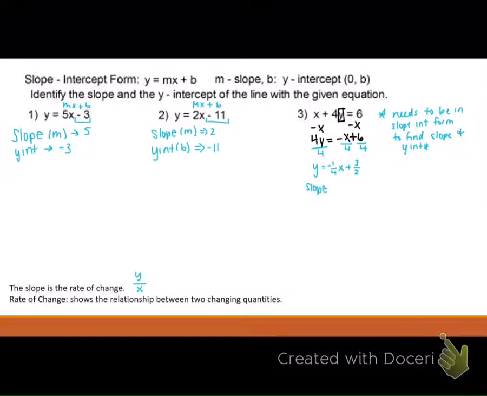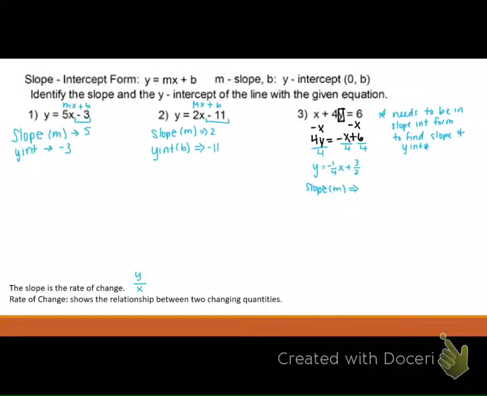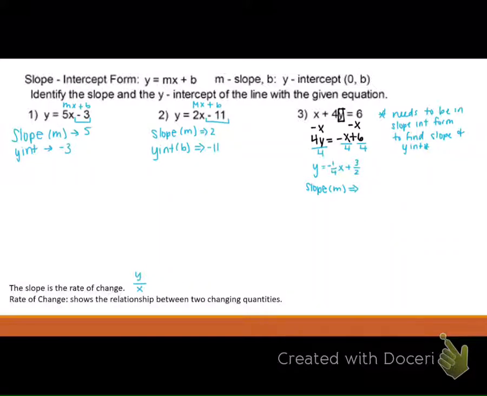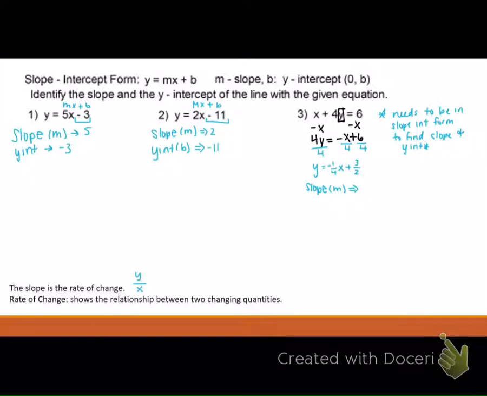So Damien, what is my slope? We're right here. If you look up here, you can write it down. But where's my slope in this one? So look up here. Notice for this one, the slope is 5. For this one, the slope was 2.